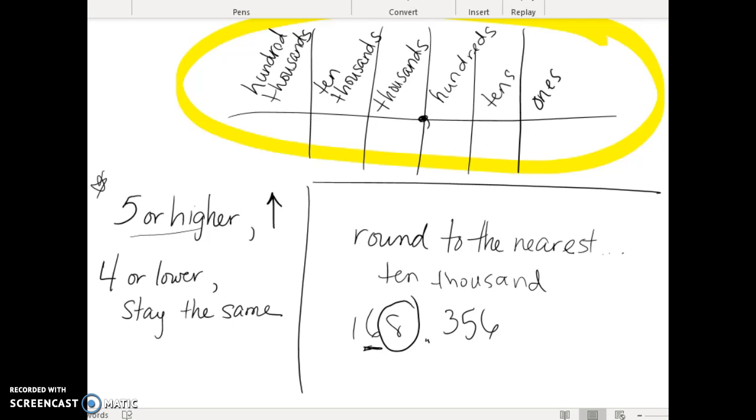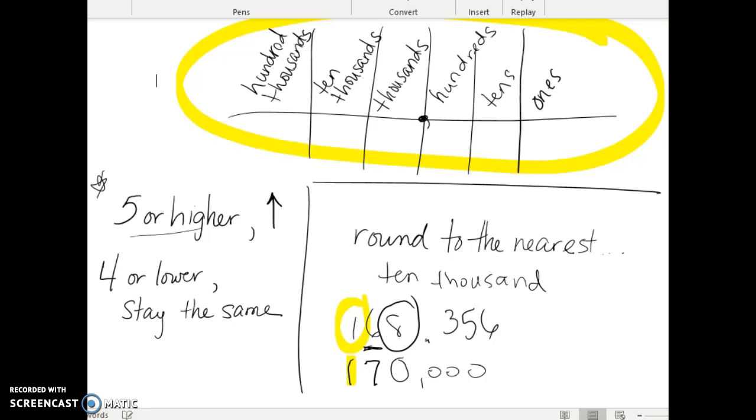So I'm going to round up. That means the underlying digit is going to go up. So that means the 6 becomes a 7. Everything behind it is zeros. And then don't forget, the 1 here, nothing happened to it. So we're going to bring it right back down.